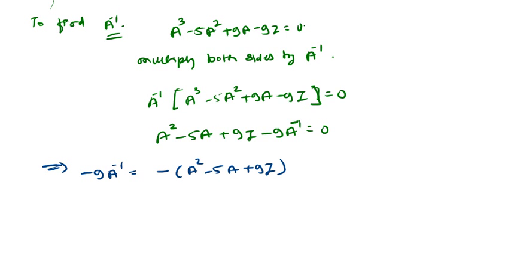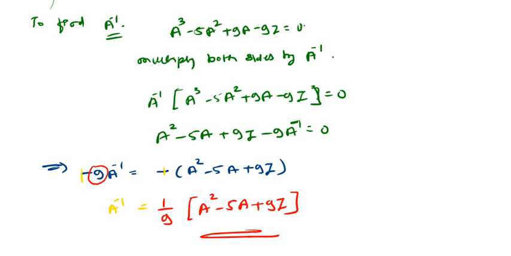This minus will cancel that minus. Taking the 9 to the RHS, A inverse will be 1 by 9 times A square minus 5 times A plus 9I. So solve this, and at the end you will get the value for the inverse of the matrix.